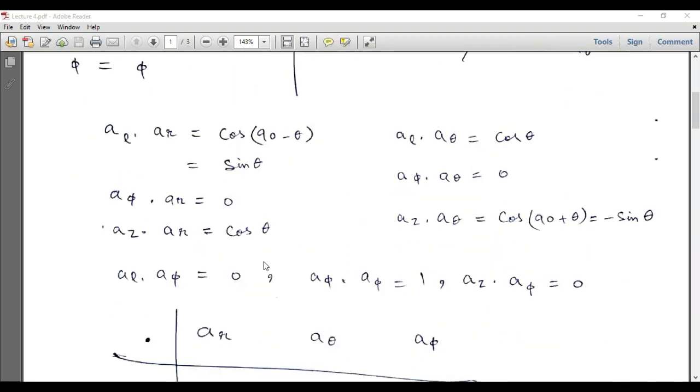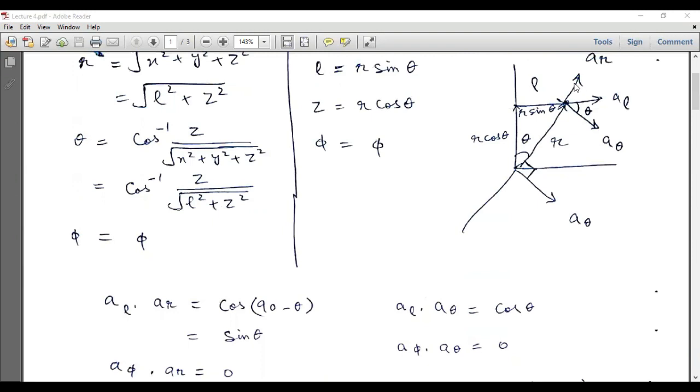Secondly, we will check a rho dot a phi, right? So rho and phi are perpendicular to each other because they are the components of the same coordinate system. So a rho dot a phi is equal to 0, a phi dot a phi is equal to 1, and az dot a phi is also equal to 0. Finally, a rho dot a theta is equal to cos theta because this is a rho, this is a theta.